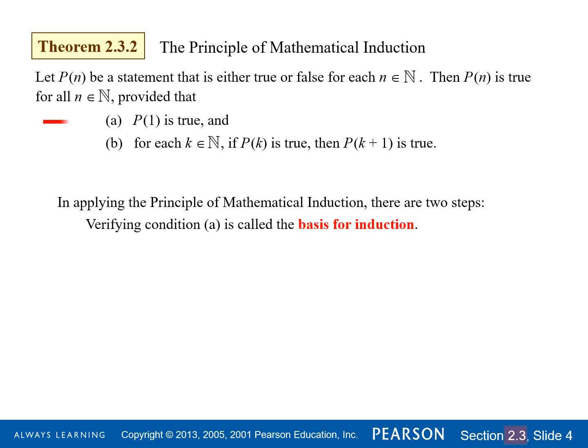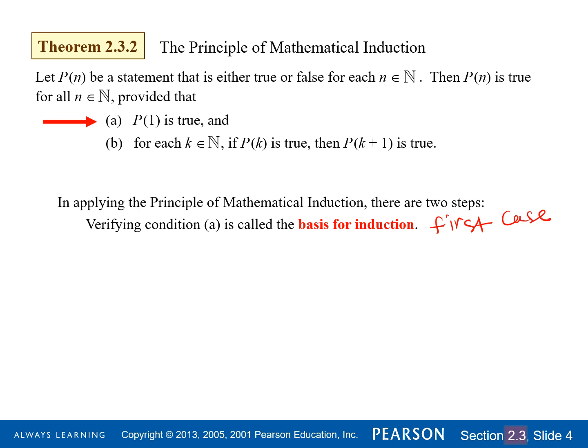The first step, which is P1 just now, is also known as the verifying condition. This step is called the basis for the induction, right? So the basis here, you can say, is actually the first case, the first case of our n.